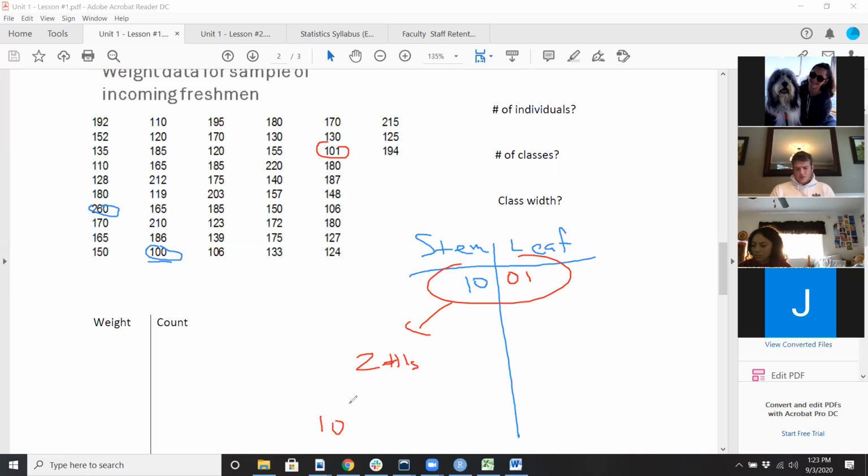So you have a 100s digit and you have a 10s digit. And then you have 100 and 101. So that represents 2 numbers. Are there any other weight values that would fit under this stem here? Like, what's the next highest after 101?